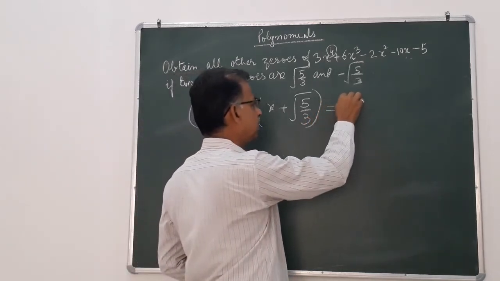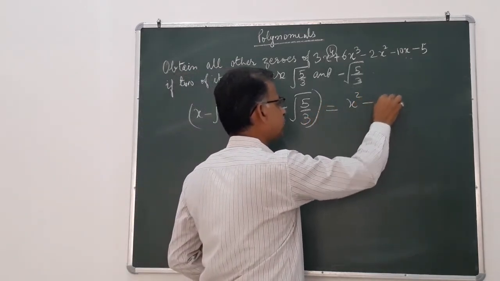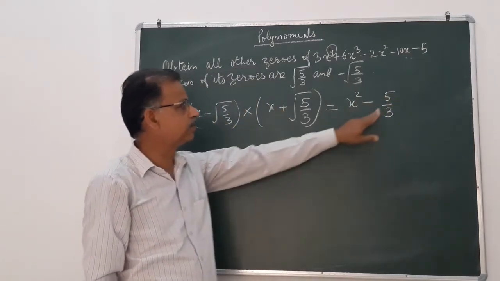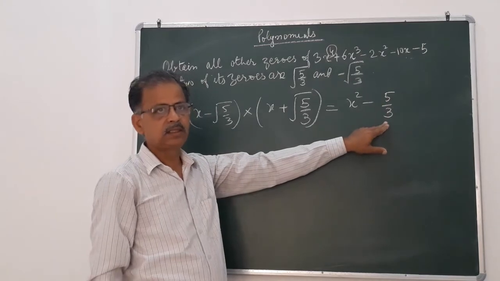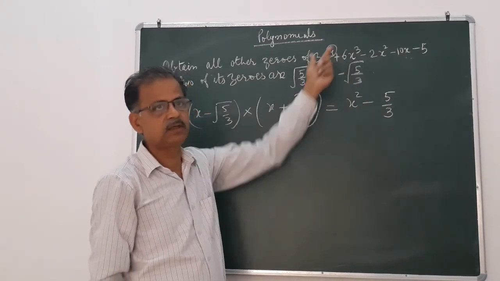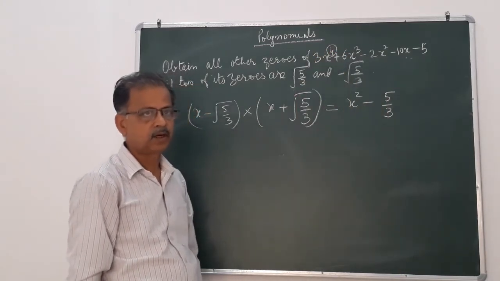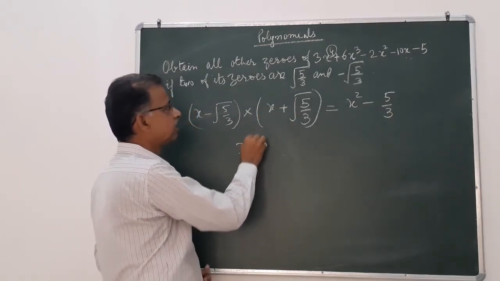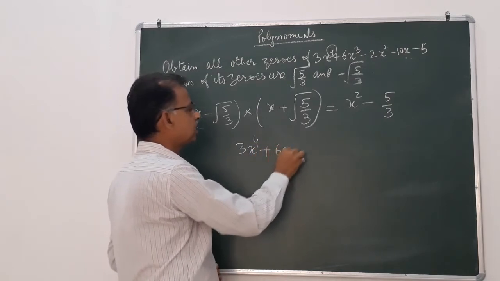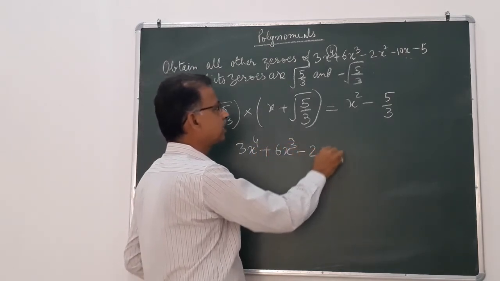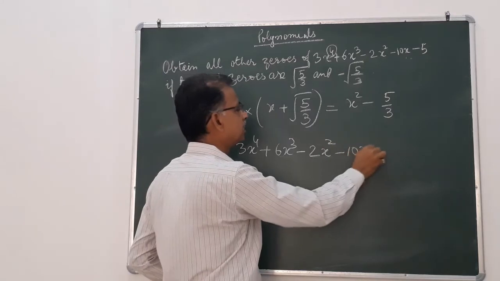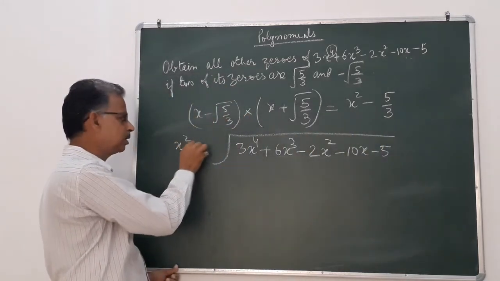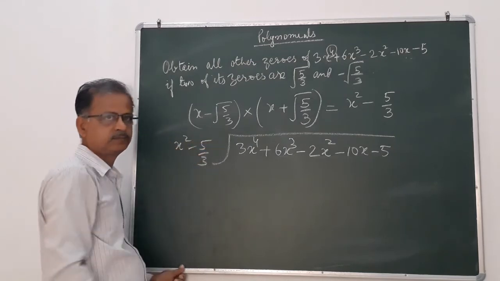We get x square minus 5 by 3. It means x square minus 5 by 3 is a factor of the given polynomial. Now we divide given polynomial 3x power 4 plus 6x cube minus 2x square minus 10x minus 5 by x square minus 5 by 3.